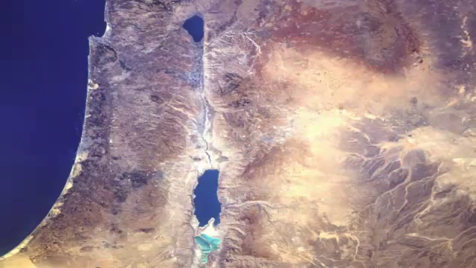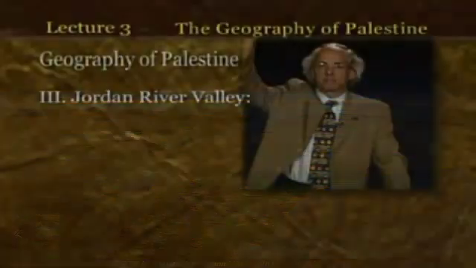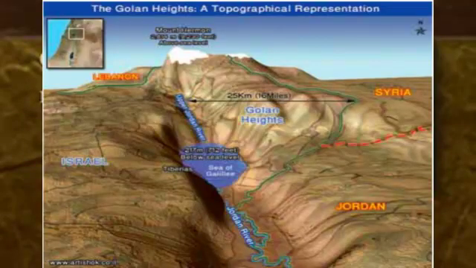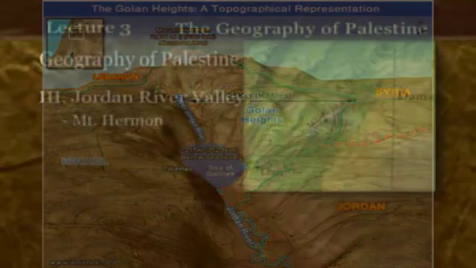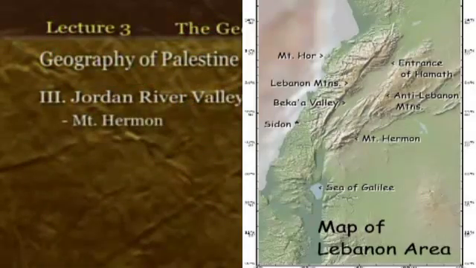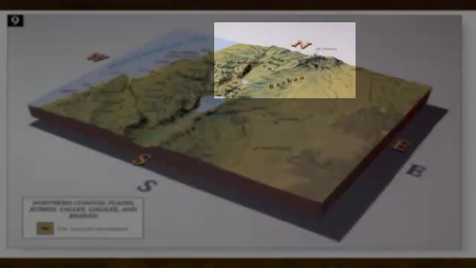And if you start up north in the Jordan Valley and in this rift, you start with Mount Hermon, which is a mountain of about 9,000 feet above sea level. And it snows there. I understand that they even have ski resorts up there.